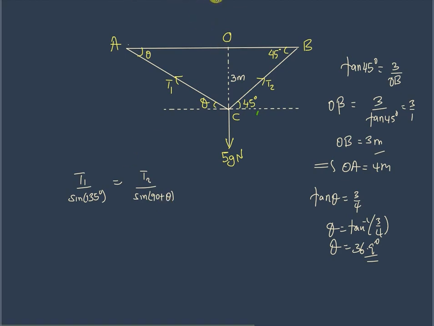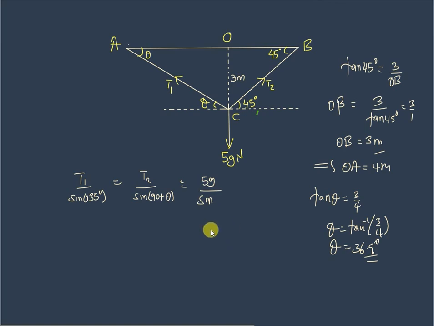And for that one, we are saying that T2 divided by the sine of this angle, the sine of that angle, we have the 90 and then the theta. It is further equal to 5g divided by the sine of now that angle.